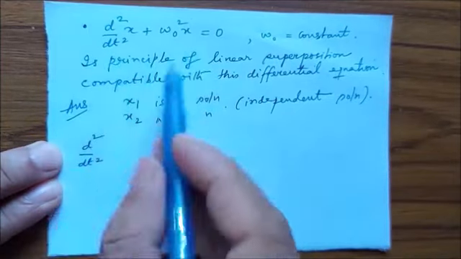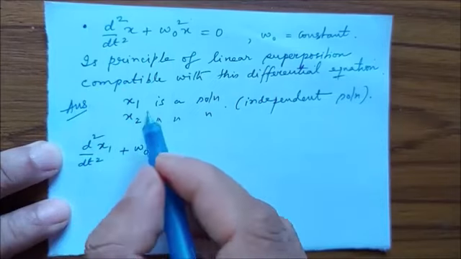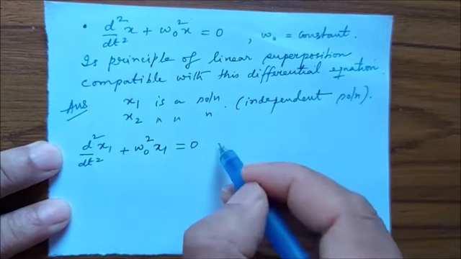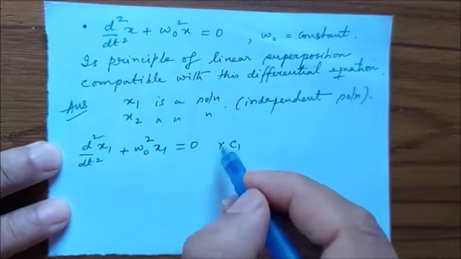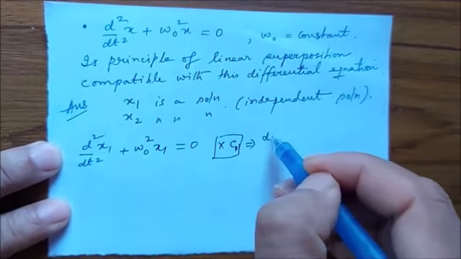Since x1 is a solution, let us rewrite this equation, putting x1 for x. Even if we multiply by a constant c1, what we get is this.